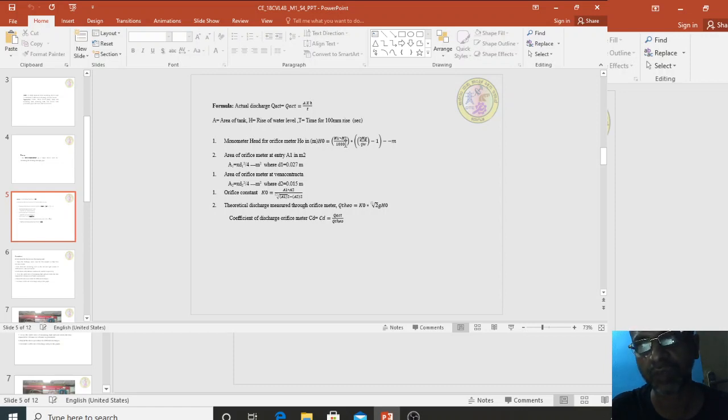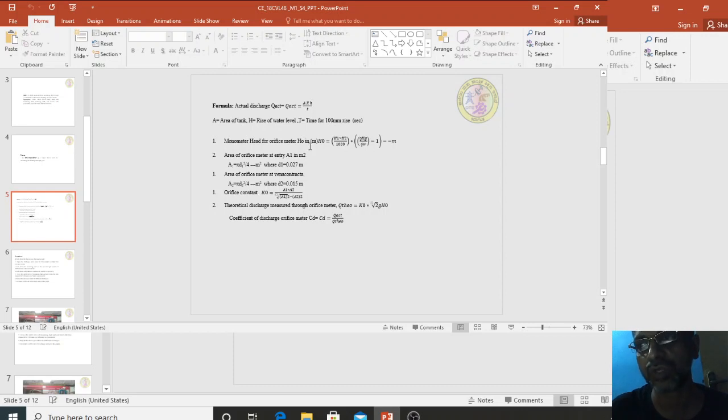H0 is given by the formula (H1 minus H2) divided by the unit conversion from millimeter to meter, into (rho Hg divided by rho W minus 1), where H1 is the initial height of the liquid in the manometer, H2 is the final height of liquid in the manometer, and rho Hg divided by rho W is the density of mercury divided by the density of water.